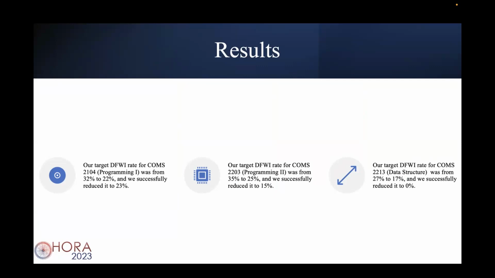For Programming 2, our DFW rate was 35%, our target was to make it 25%, and we successfully reduced it to 15%. And for the Data Structures course, our DFW rate was 27%, our target was to make it 17%, and we successfully made it 0%.